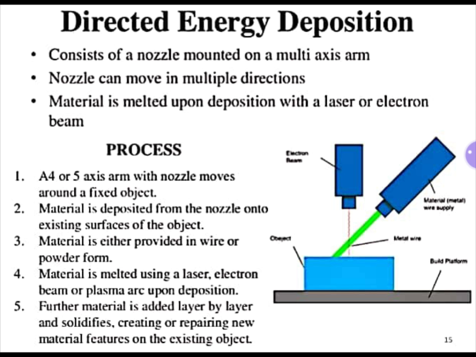This material supply unit has number of motions, and it is fixed on the multi-axis arm to facilitate the supply of powder material onto the structure.